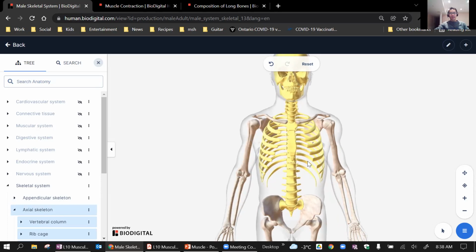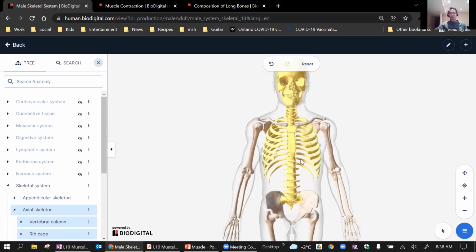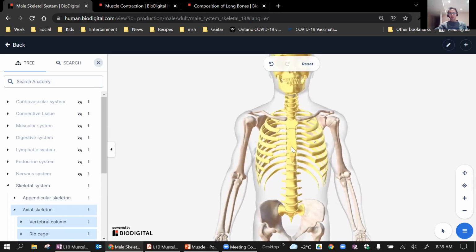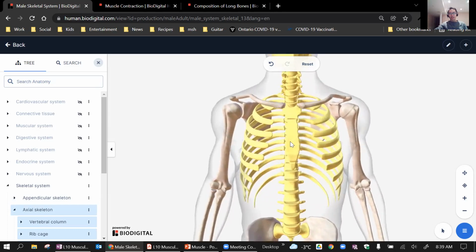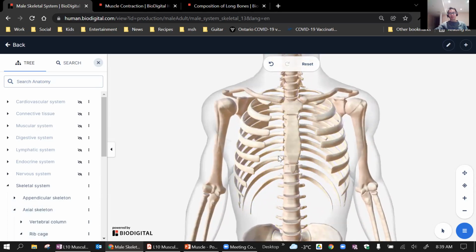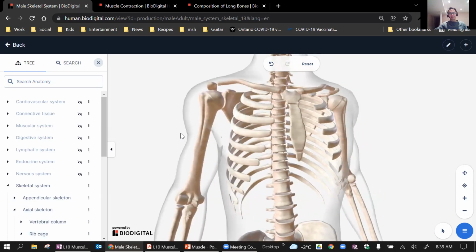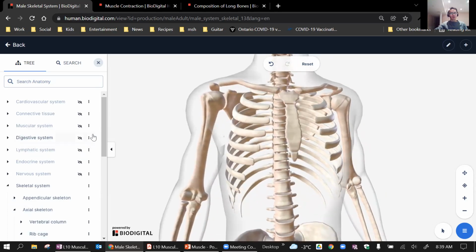Included in the axial skeleton, we also have the rib cage, which connects with the sternum right here at the front. So the connective tissue is gone here.